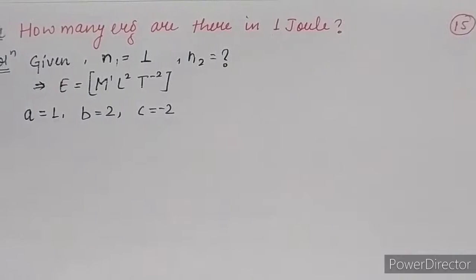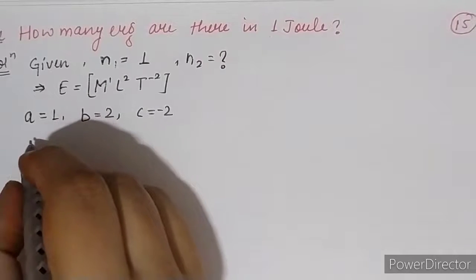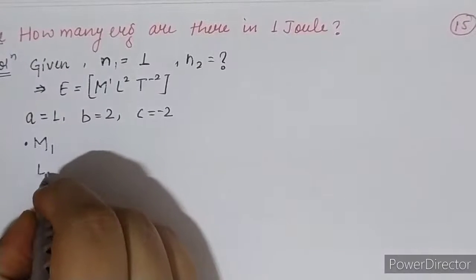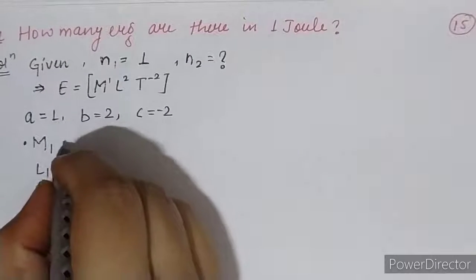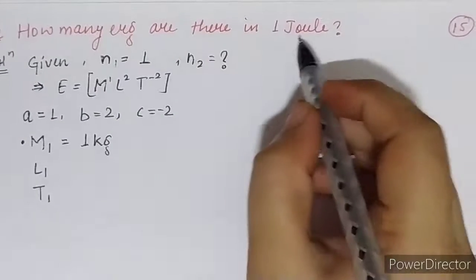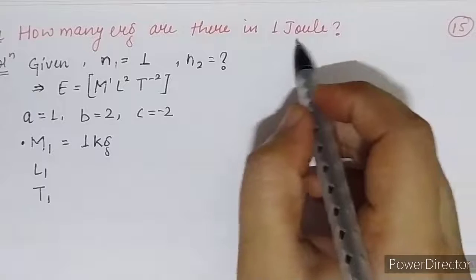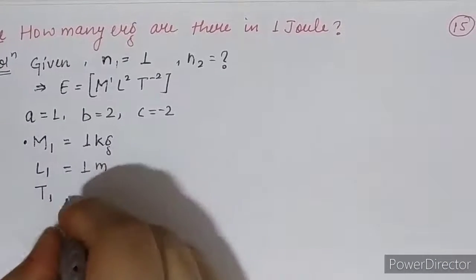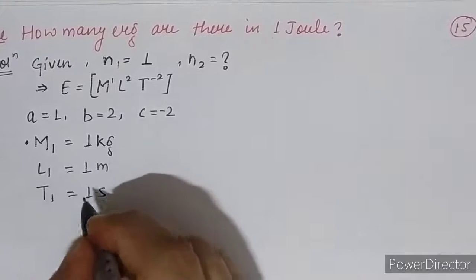Moving forward, we have to write the values of M1, L1, T1. M1 is 1 kilogram, because here we are considering the joule as the first unit, and this is in the MKS form. L1 is 1 meter and T1 is 1 second.